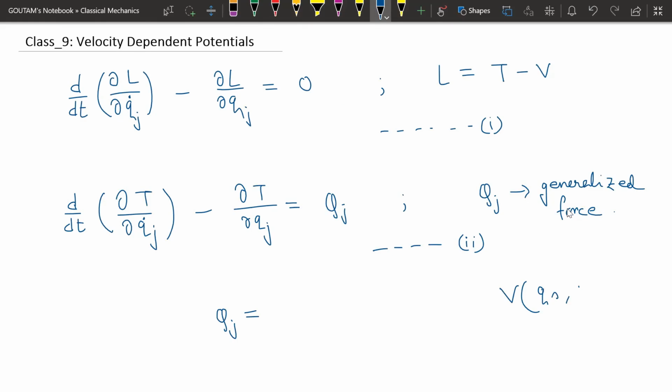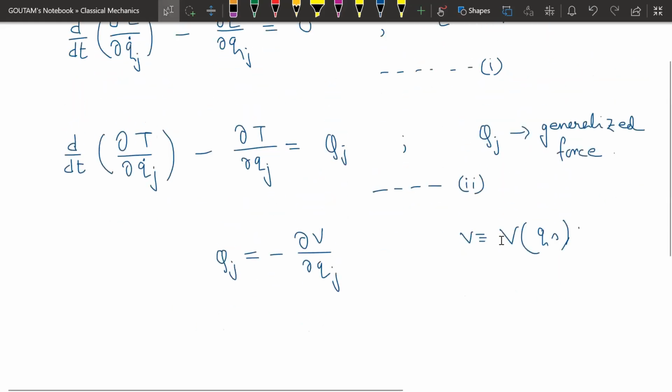In that case we got ∂V/∂q_j, and we put it here, and because V is velocity independent, this term ∂V/∂q̇_j will be equal to 0.